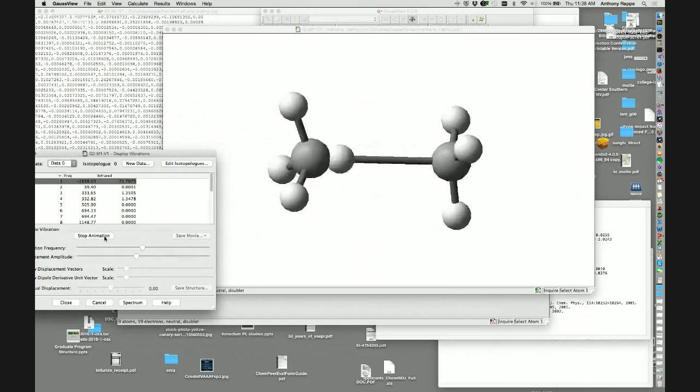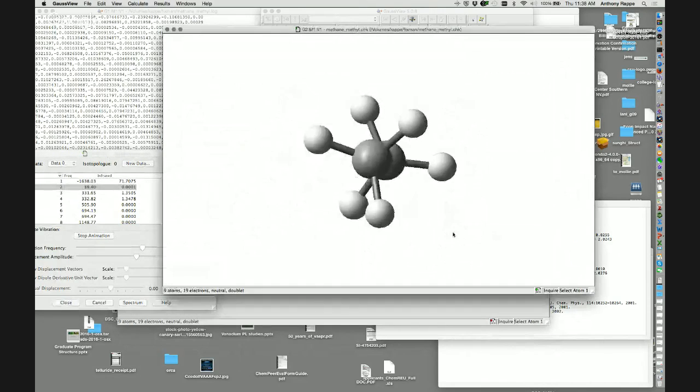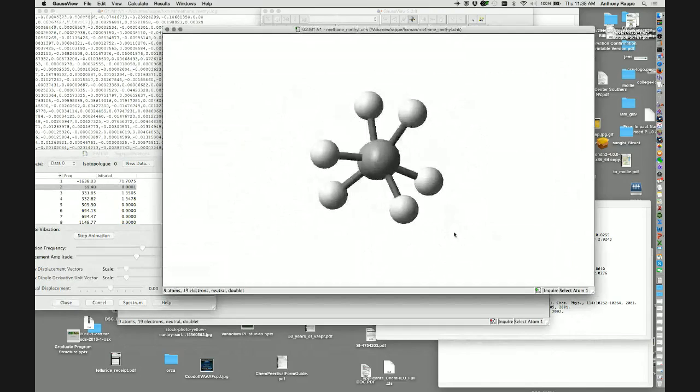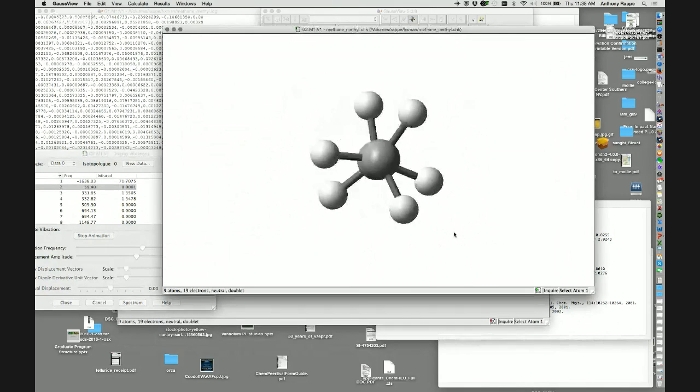And so this negative one is the reaction coordinate. It is going from one side to the other side. That really small one is a torsional mode, but it's through that central transition state.